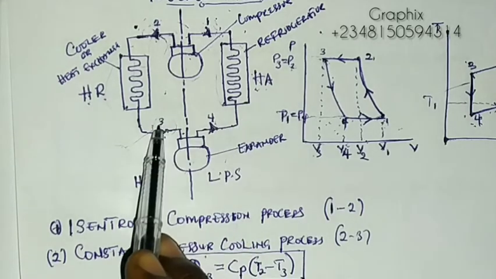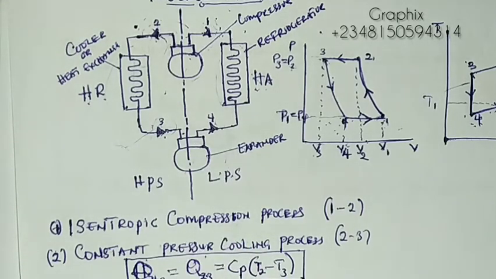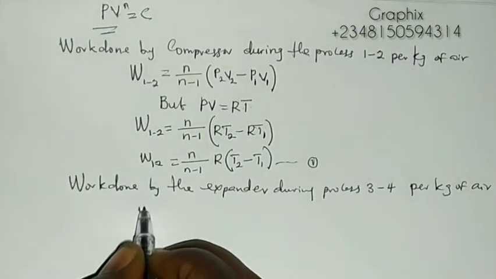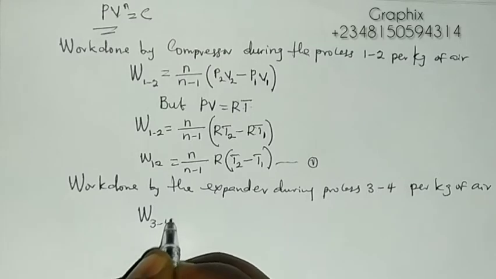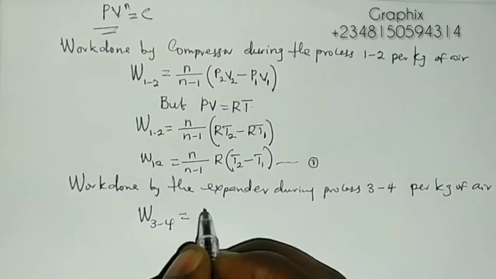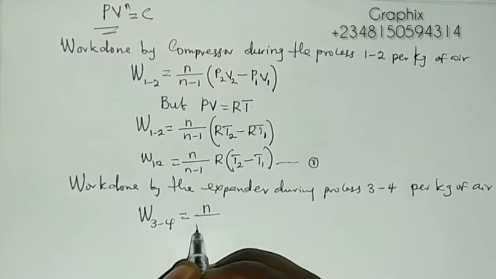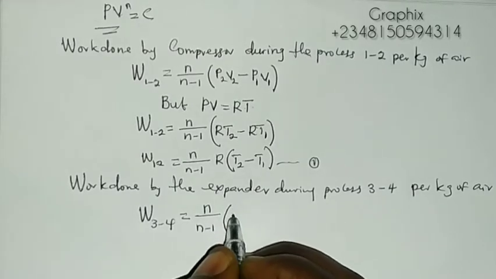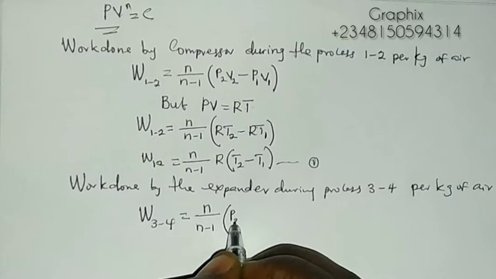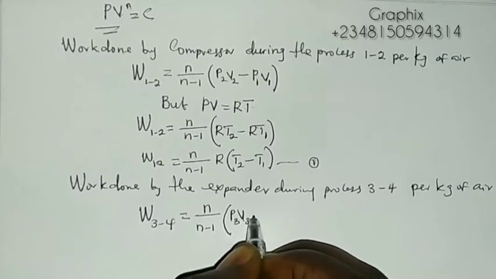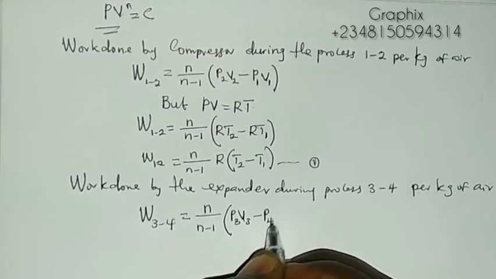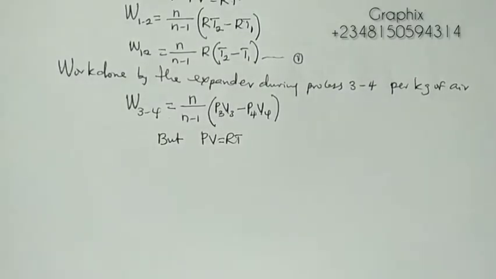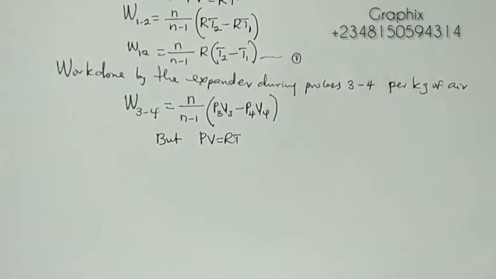It will be the high pressure side minus the low pressure side. So W3 to 4 equals what? n all over n minus 1 into brackets P3 V3 minus P4 V4. But PV is equal to what?